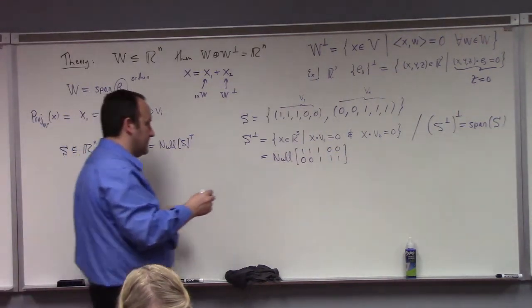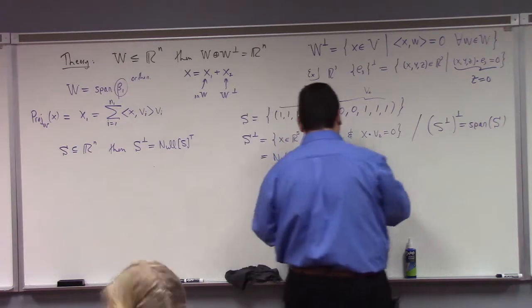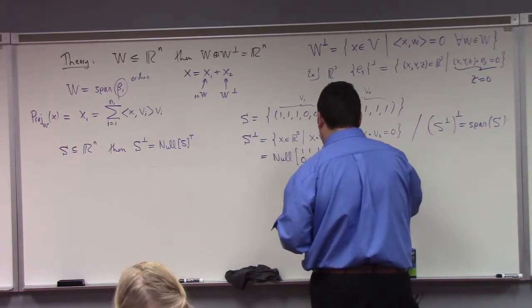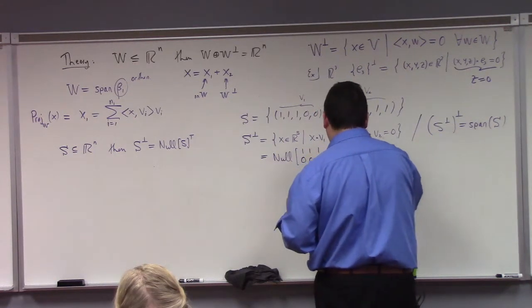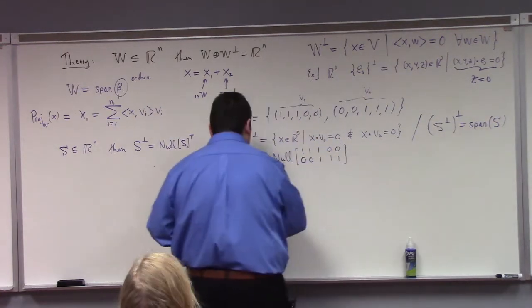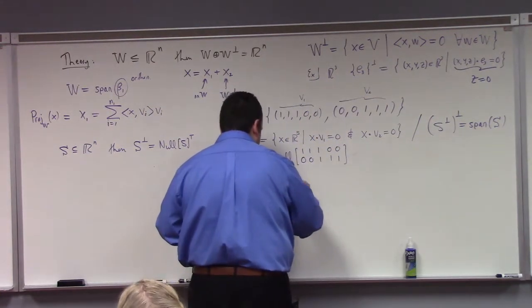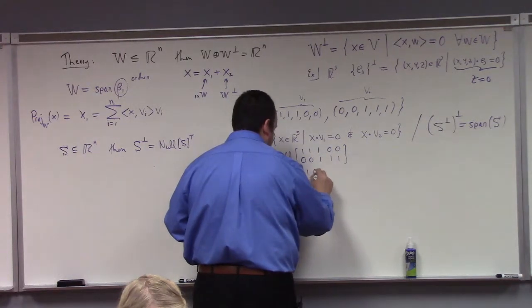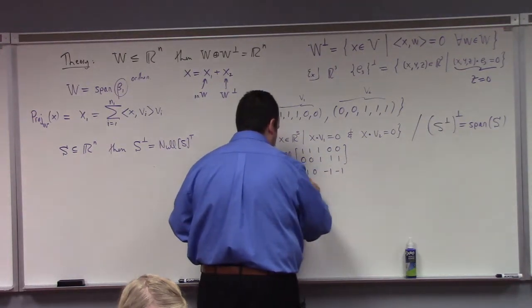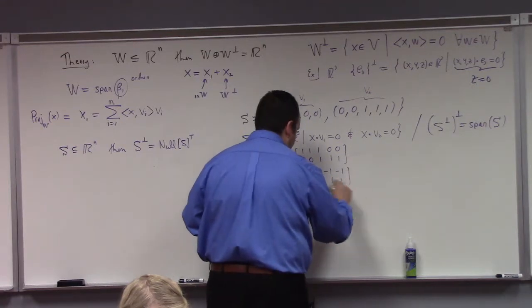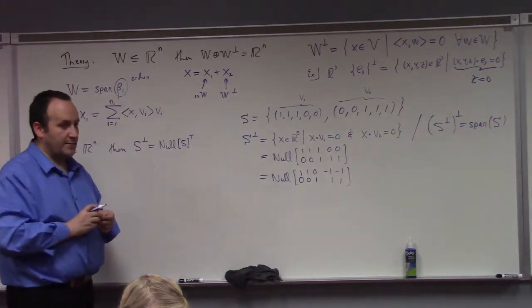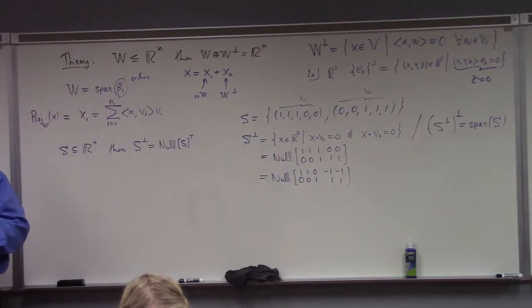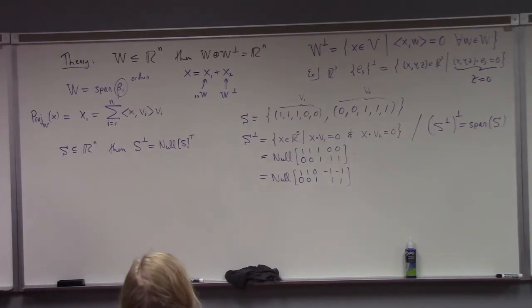Well, you guys know, right? This is equal to the null space of the matrix with rows 1, 1, 0, minus 1, minus 1 and 0, 0, 1, 1, 1. What I did was just one row operation. I subtracted row 2 from row 1, and then I'm already done. That's in the rough.